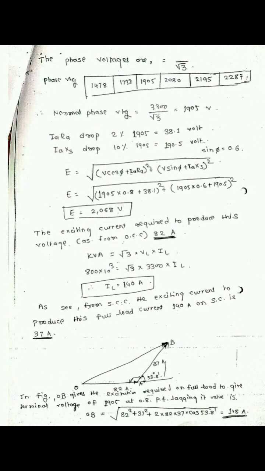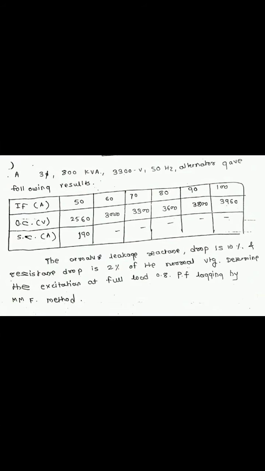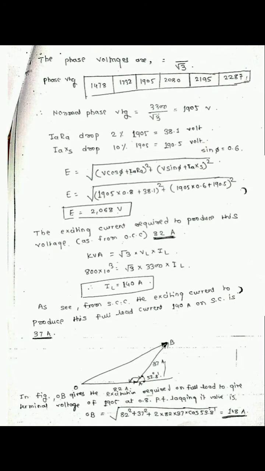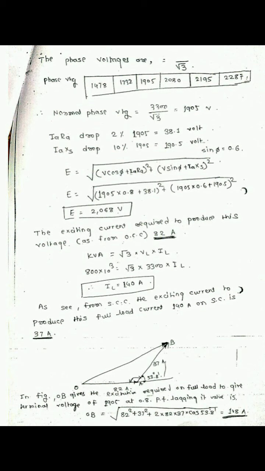While considering the given problem, the values of the drops are given, so first of all calculate the value of the drops. The IRa drop is 2% of the voltage, that is 2% of 1905, which means 38.1 volt.